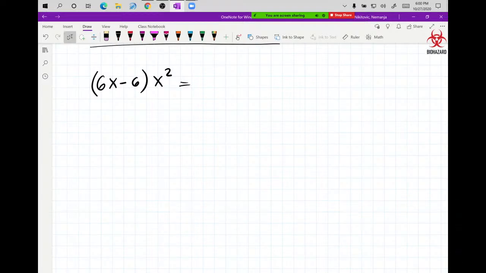All right, so for this problem, we can swap it. Multiplication is commutative. And then you do the distribution. Can anyone help me with this one? It's 6x cubed minus 36x squared. 6x cubed, I agree.